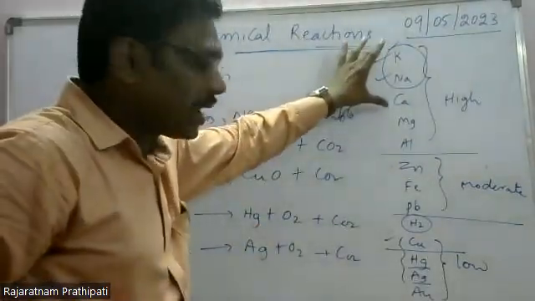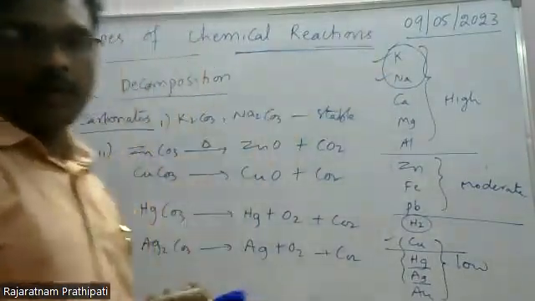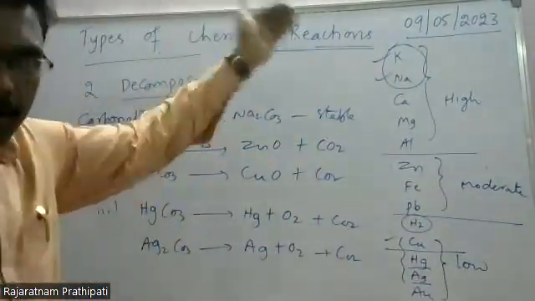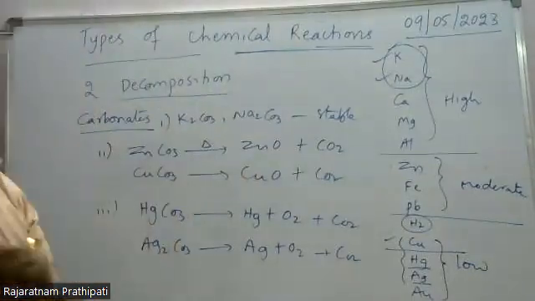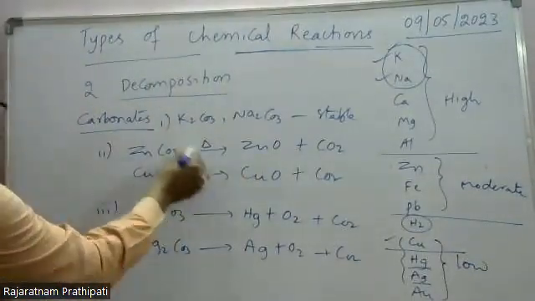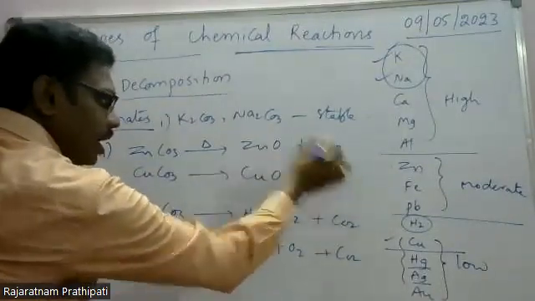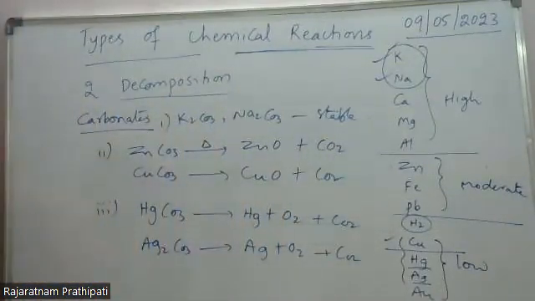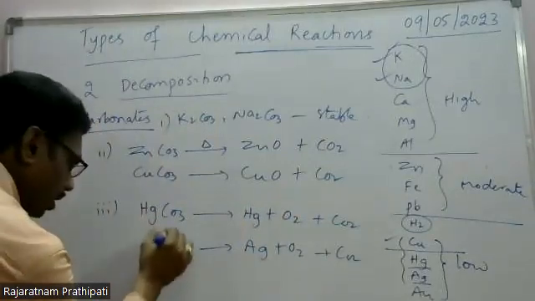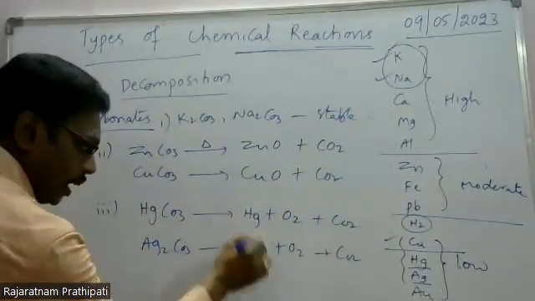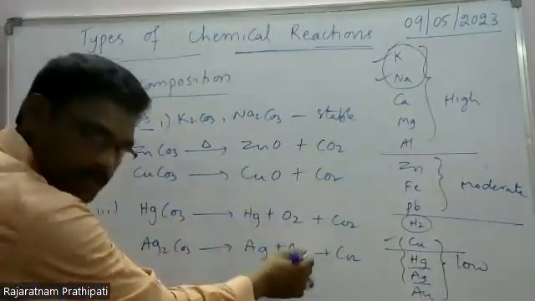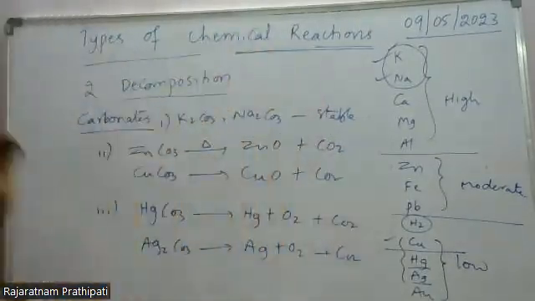High reactive metals are stable, whether metal oxides, hydroxides, or carbonates. Moderate reactive metals decompose into metal oxide and carbon dioxide. Low reactive metal carbonates decompose into metal plus oxygen plus carbon dioxide. Is it clear?